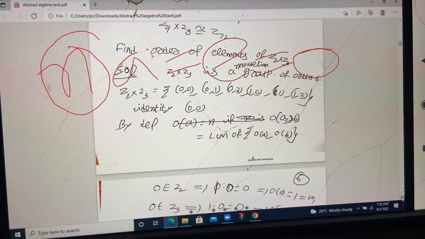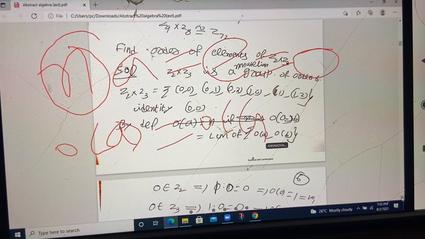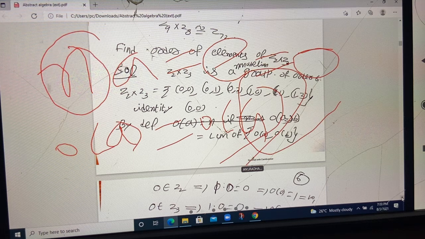whenever an element has order of a equal to order of G, as we have studied in cyclic groups, if the order of a is equal to the order of G, then such a group is said to be cyclic, and such an element is called the generator. Earlier we have studied. Is it not? So how to know which is the generator?